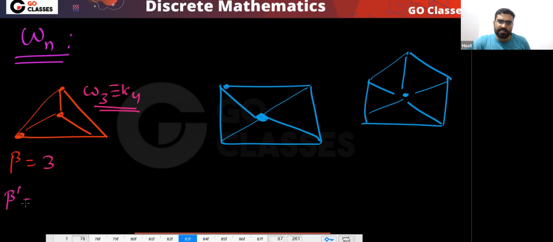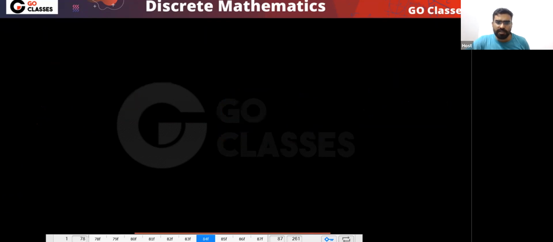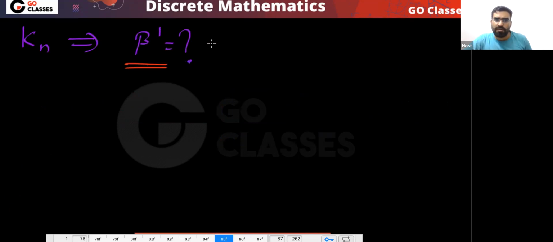So here you need three vertices. And what is beta dash for complete graph? Can anyone tell me? If you have Kn, then what will be beta dash? Beta dash means edge cover, minimum edge cover.